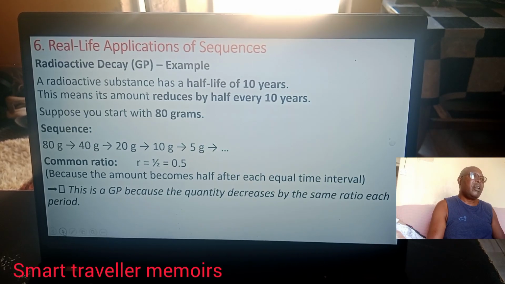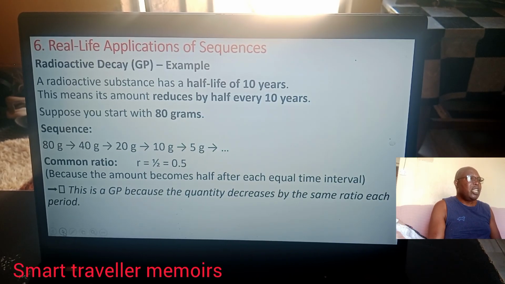We continue with the real-life examples. We come to radioactive decay. A radioactive substance has a half-life of 10 years. Half-life means the time it takes for it to decay to half of its quantity. This means its amount reduces by half every 10 years. So suppose you start with 20 grams, the sequence will be 20 grams, 10 grams, 5 grams, and so forth.